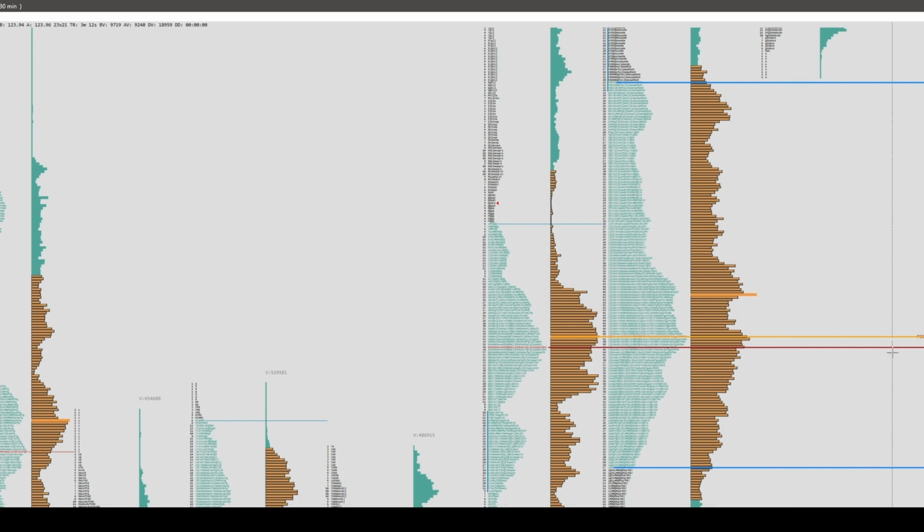If we can break those zones, also, you want to be looking at the value area low of this week, which is sitting at 119.60.